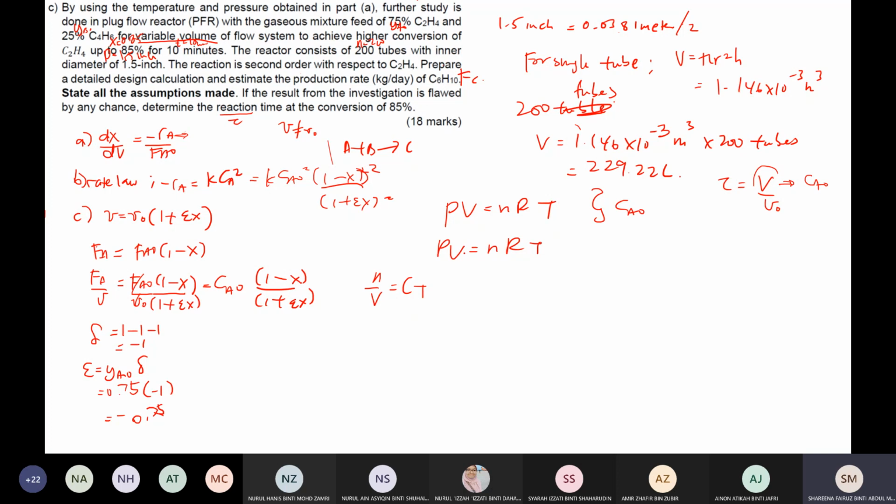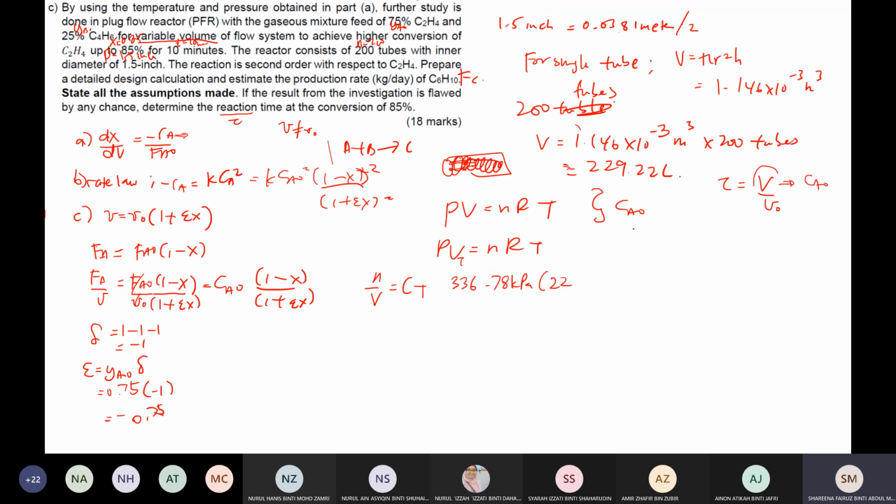We don't have the value of number of moles, tapi you boleh dapat sebab you dah ada semua information. Macam ni kita ada V total daripada sini. So we have P yang tadi 336 from previous questions. VT adalah total dia. Remember this is total tau, sebab gas yang dalam PFR tu yang mixture, walaupun dalamnya ada banyak tube, gas yang dalam tu mewakili semua tube. Dalam satu PFR tu akan ada 200 tubes, which is reaction tu berlaku untuk gas mixture.